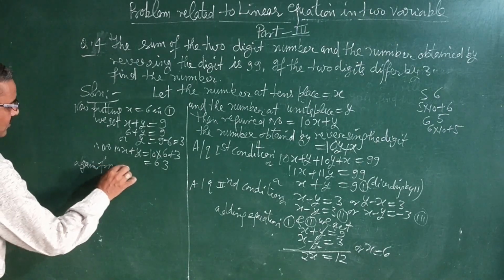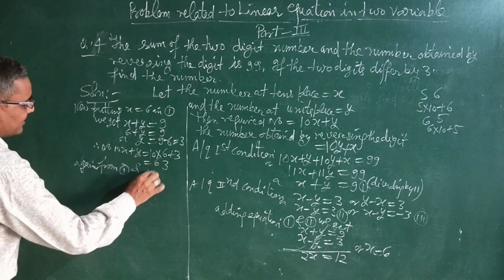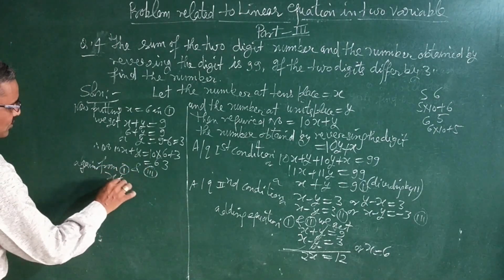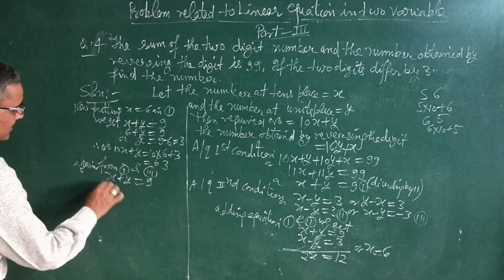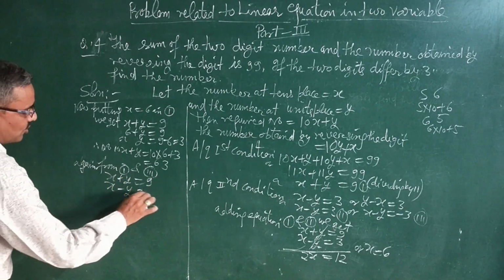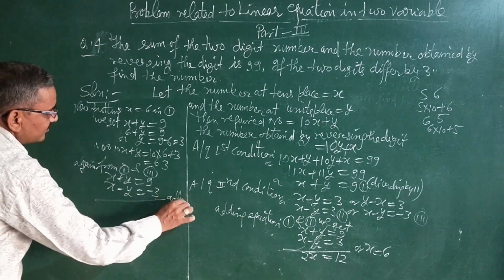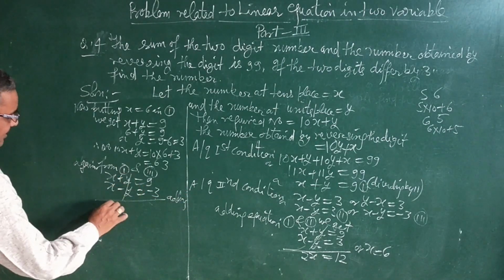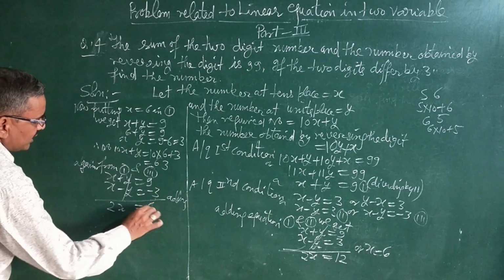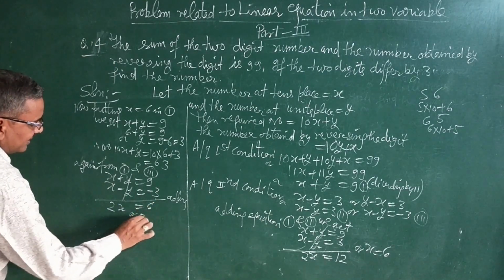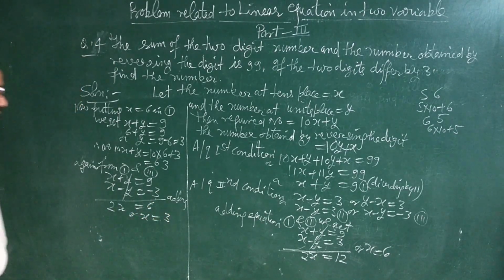from first and third, x plus y is equal to 9, x minus y is equal to minus 3, adding, 2x is equal to 6 or x is equal to 3.